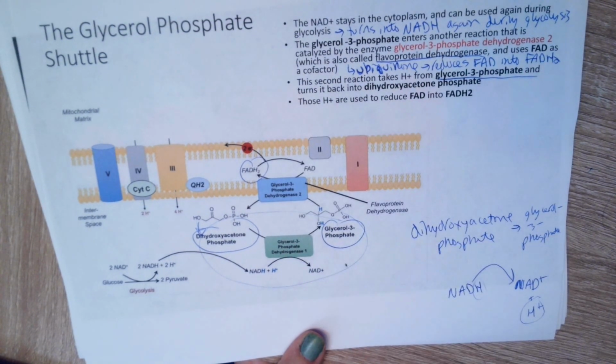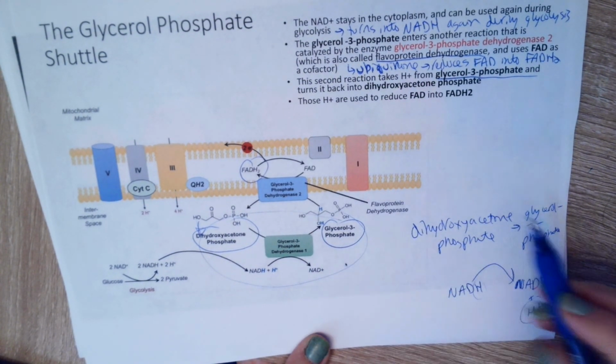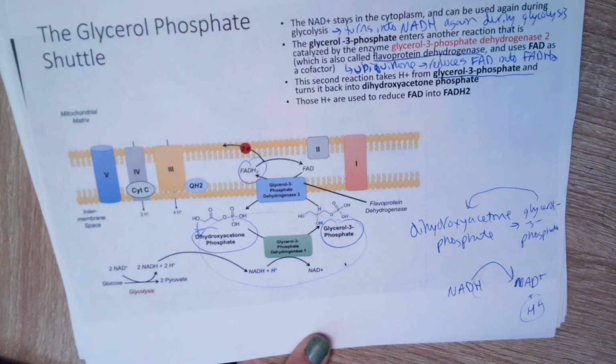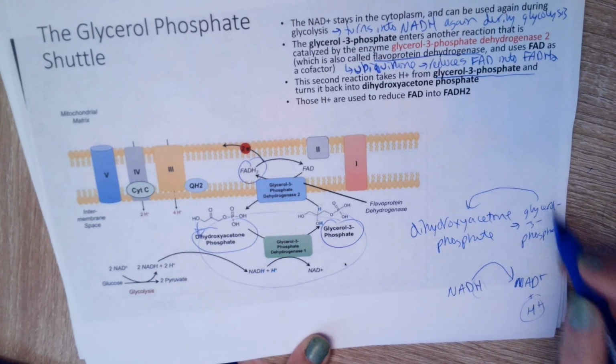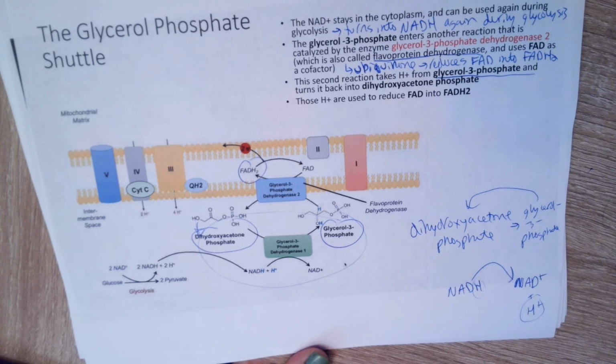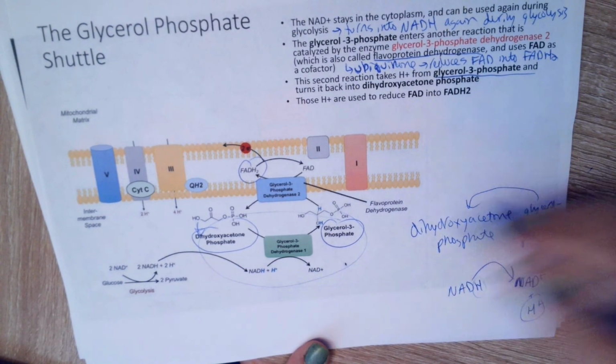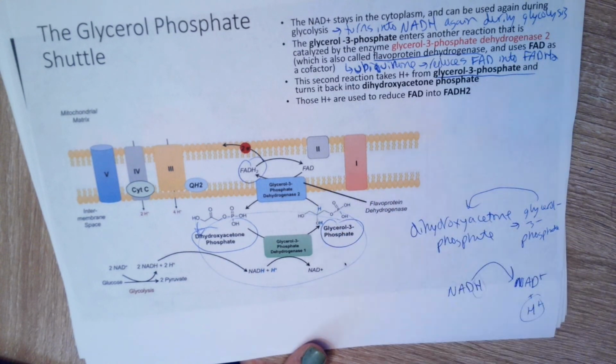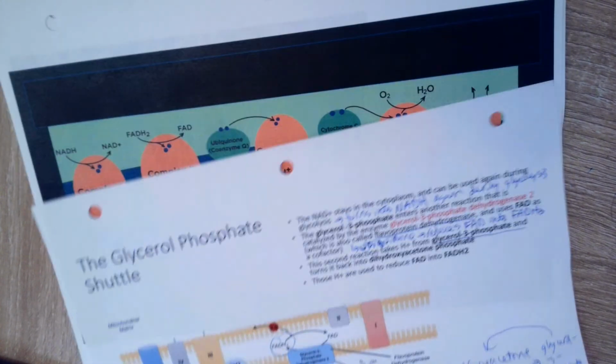And then we will simply reverse that reaction so that we can keep doing it over and over again, because hopefully we're going to keep having a steady supply of NADH that we need to turn into NAD and grab the hydrogen. So we need to just keep doing that over and over again.